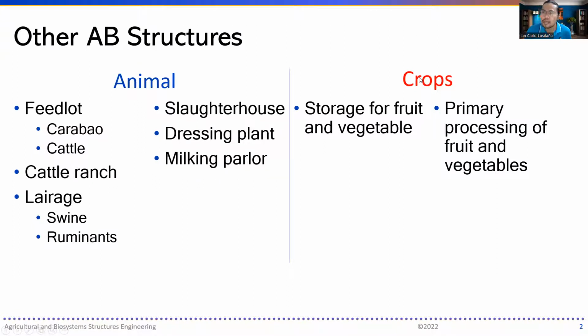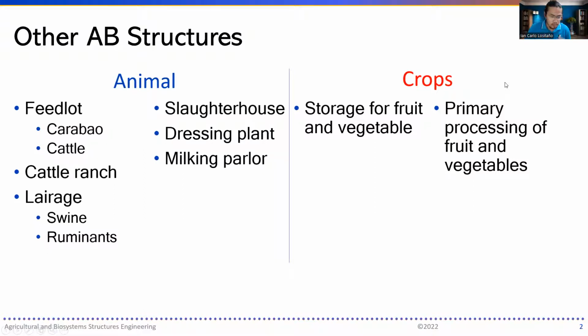Under crops, there are only two. That is for the storage of fruit and vegetable, and the primary processing of fruit and vegetables. The reason for only these two being categorized under this is because the discussion for warehouse for grains is under the next topic.